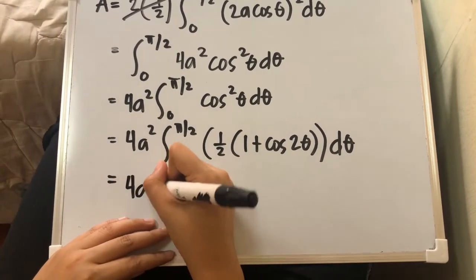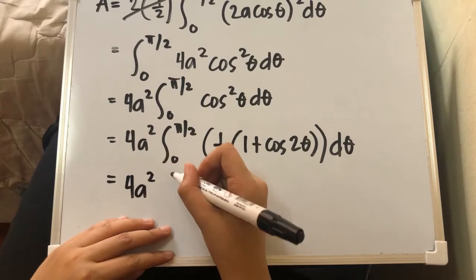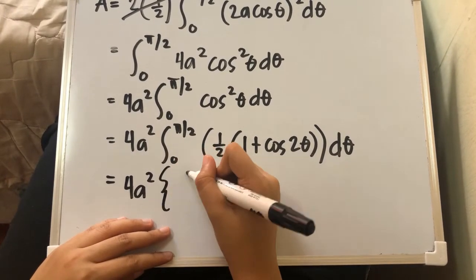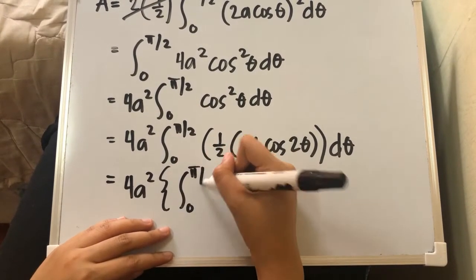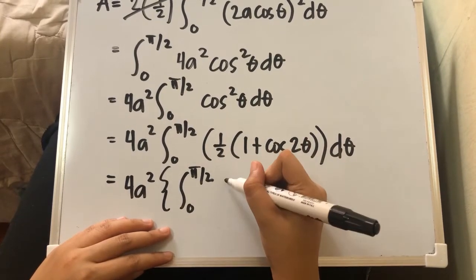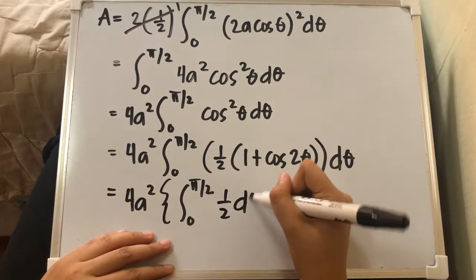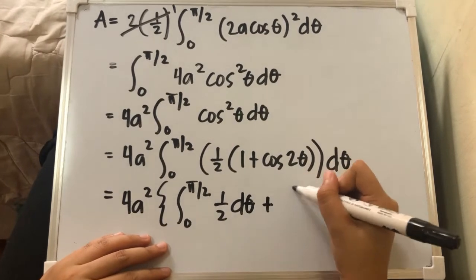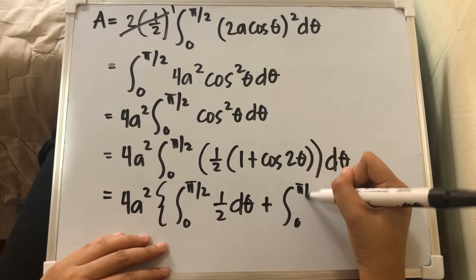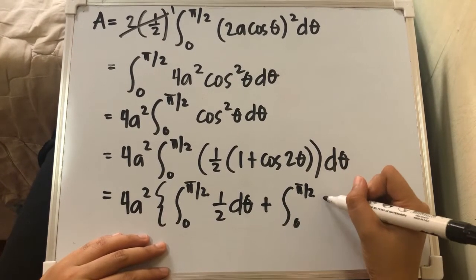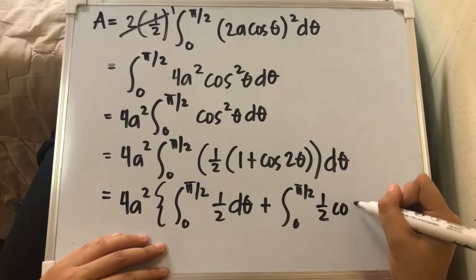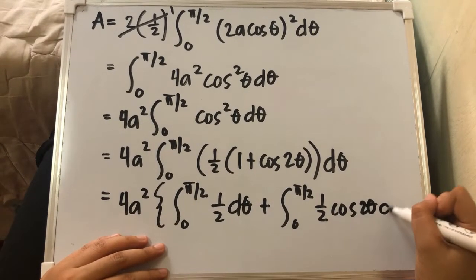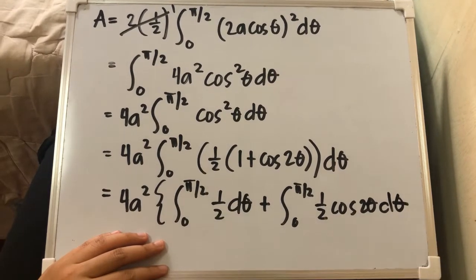We have 4a squared, then integral of 0 to pi over 2, 1/2 d theta plus integral of 0 to pi over 2, 1/2 cos 2 theta d theta.